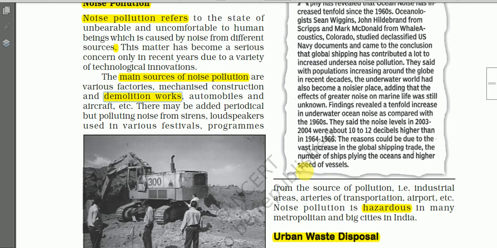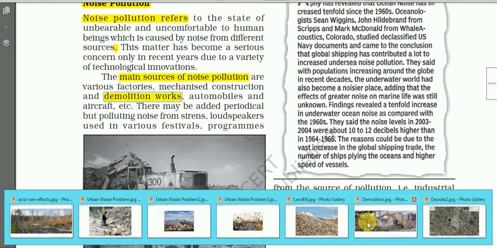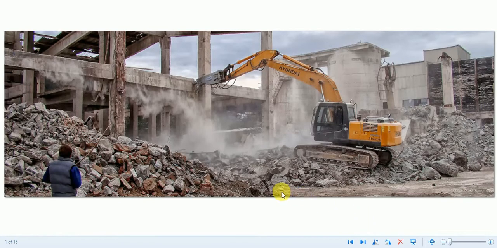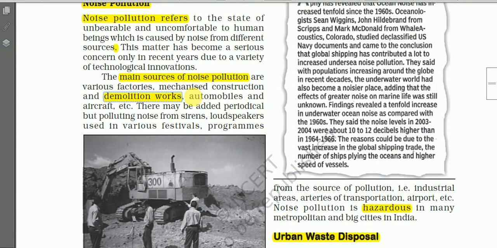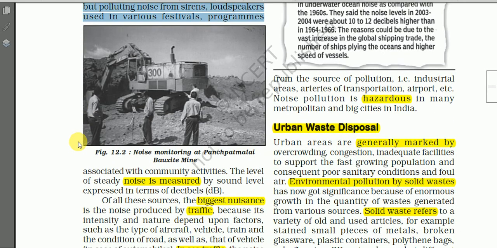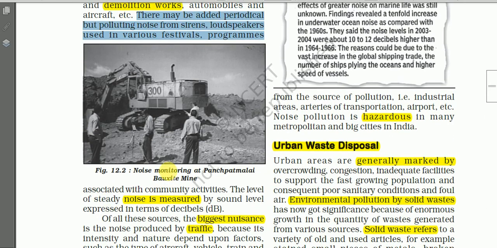Just see a photograph here, this is an example of demolition work. And automobiles, then aircrafts, and there may be added periodical but polluting noise from sirens, then loudspeakers used in various festivals, then programs associated with community activities.